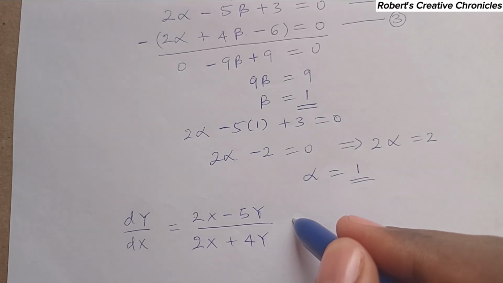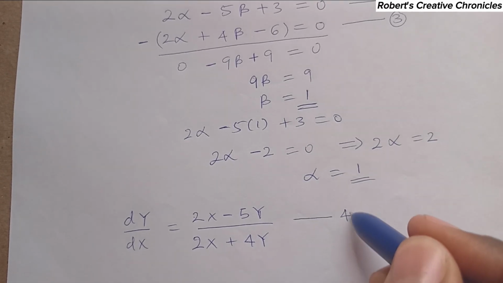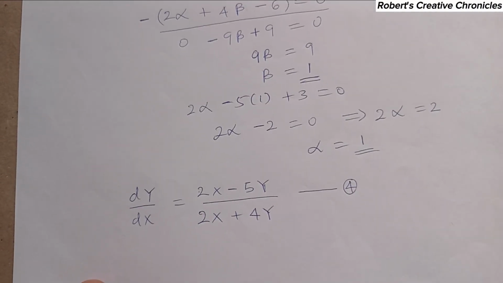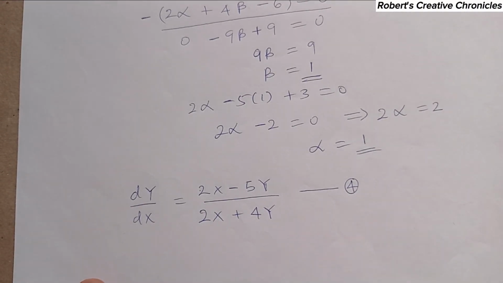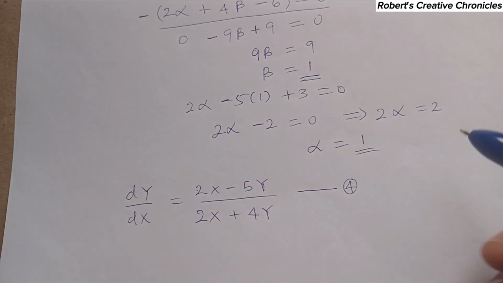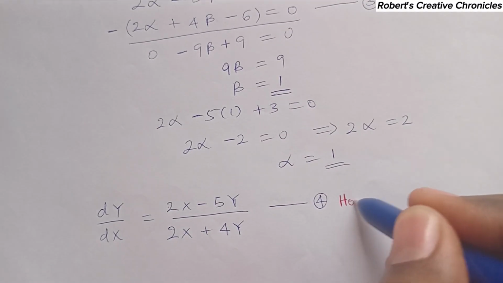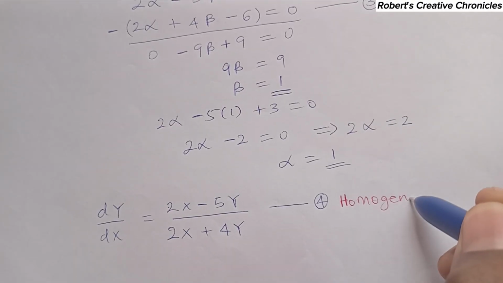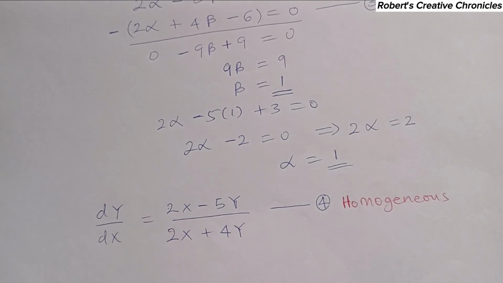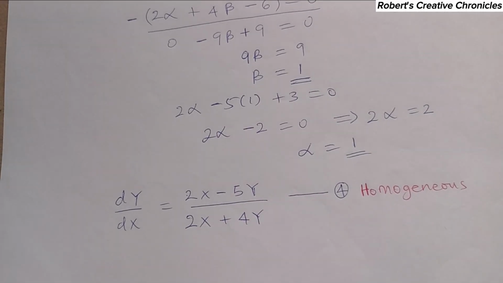This will now be our equation 4. And this equation 4 is homogeneous. So I'll write homogeneous. So equation 4 is homogeneous.